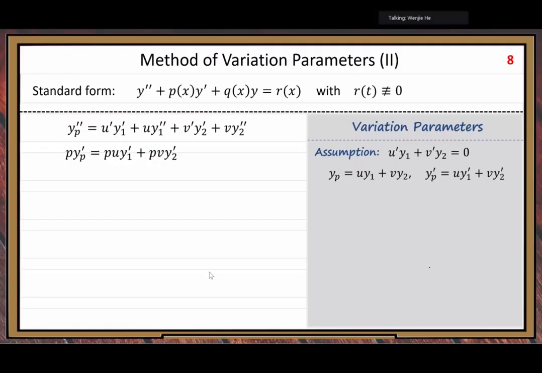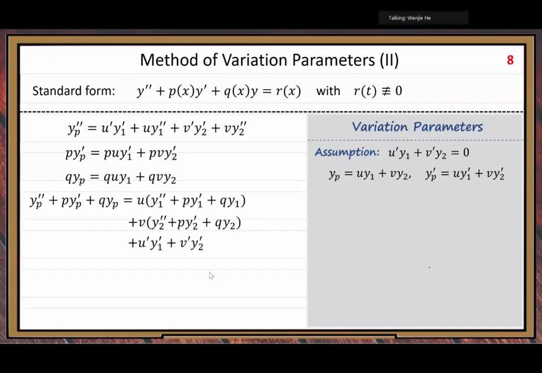Here we want to calculate the left-hand side of the original equation. So we need p times yp prime, then q times yp. Add them up, then combine the terms: u times a parenthesis, v times a parenthesis, then some extra terms from the calculation.